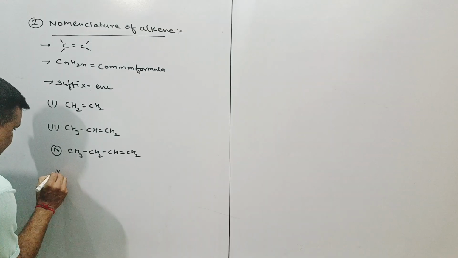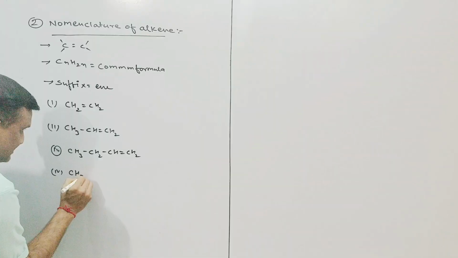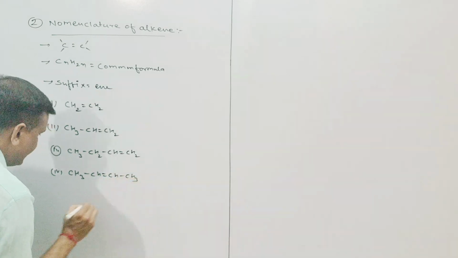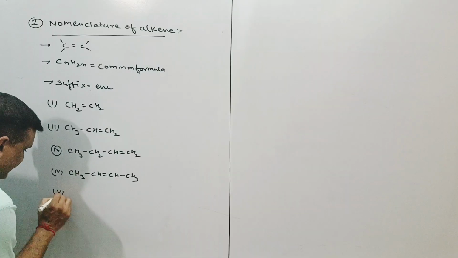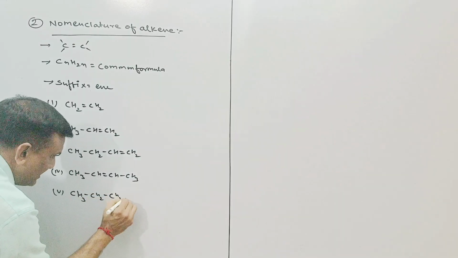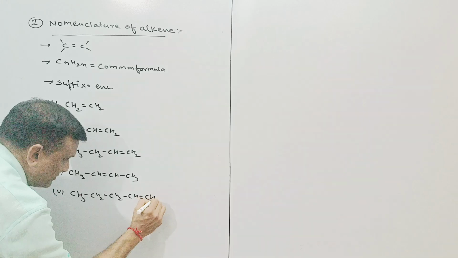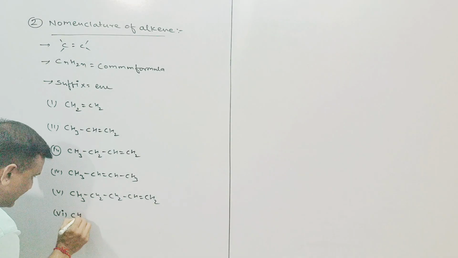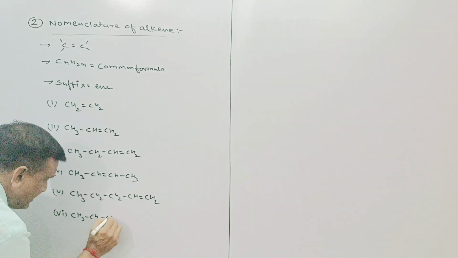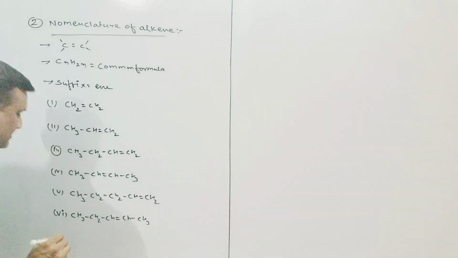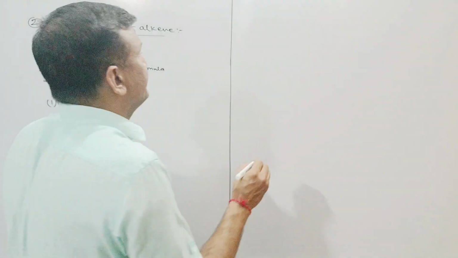The fourth compound is CH3-CH=CH-CH3. The fifth compound is CH3-CH2-CH2-CH=CH2. The sixth compound is CH3-CH2-CH=CH-CH3.